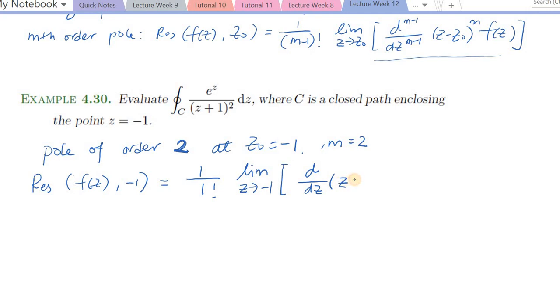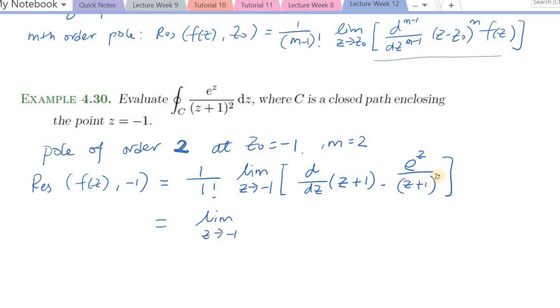So you have z minus z0, and then your f(z), which is e to the z over (z plus 1) squared. You only take the limit when z approaches negative 1.